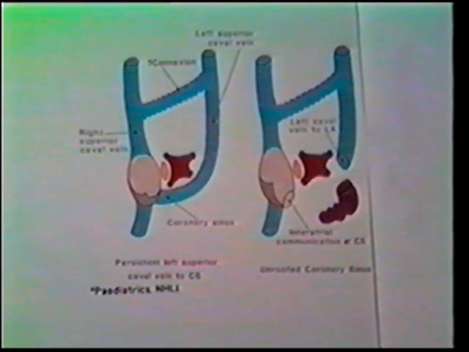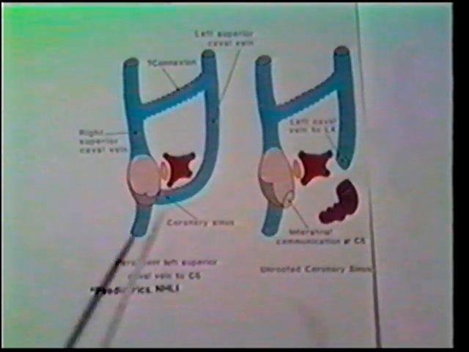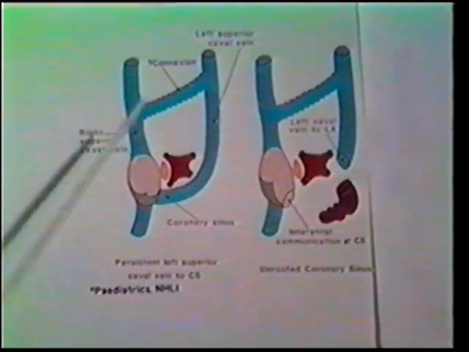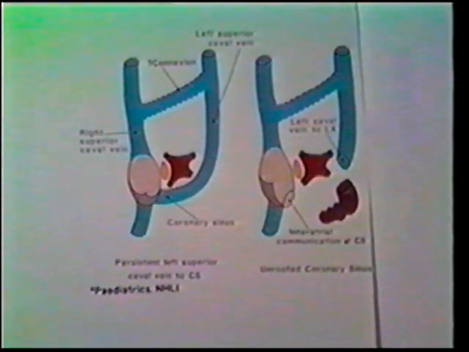The most common form of anomalous systemic venous connection is that of persistence of the left superior caval vein, as shown on this diagram here. It occurs in about 0.3% of general autopsies, but when talking about autopsies concerning congenital heart malformations, the incidence rises to between 2 and just under 5%.